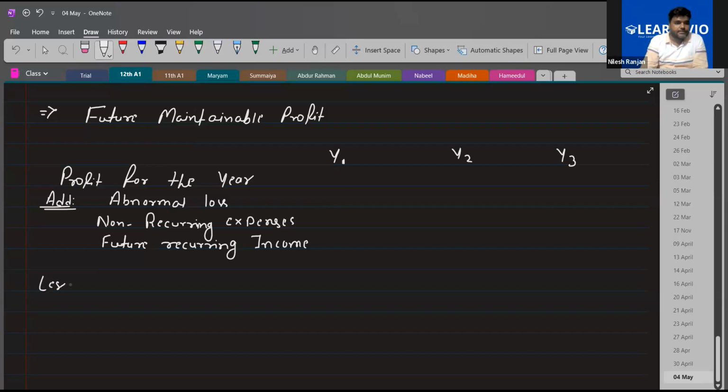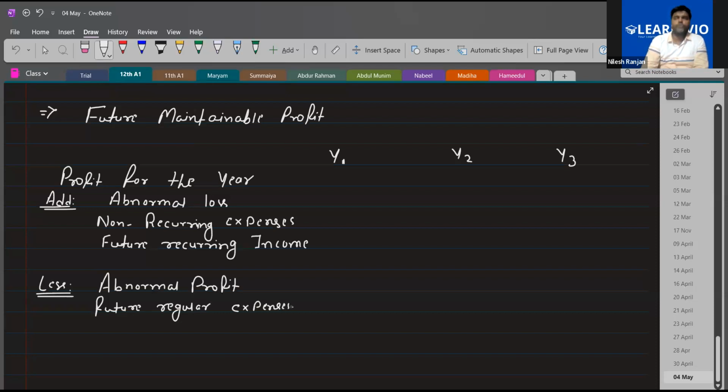Then less abnormal profit, if it is already added, then it should be deducted here. Any future regular expenses will be deducted.